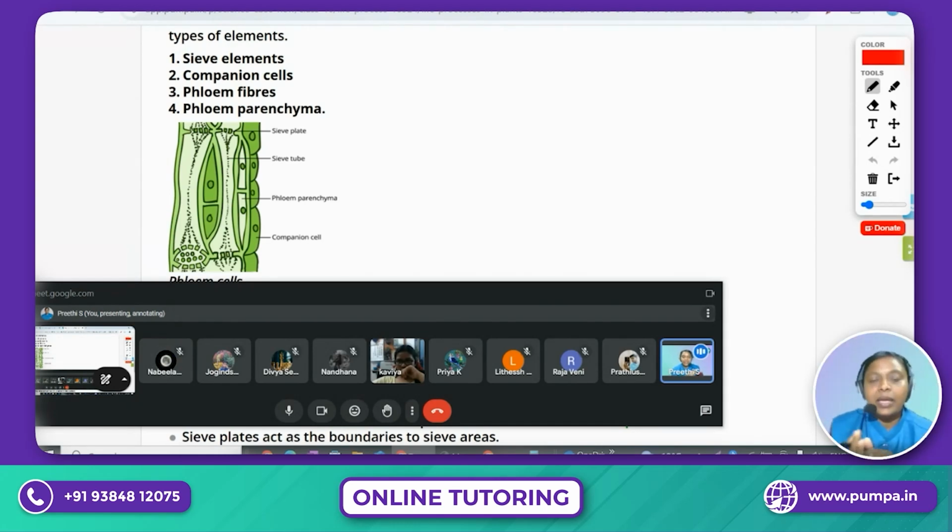Dead cells, okay. But in the case of phloem, it is the opposite. The living components are abundant in the phloem. Phloem parenchyma, sieve elements, companion cells, everything will be living cells.